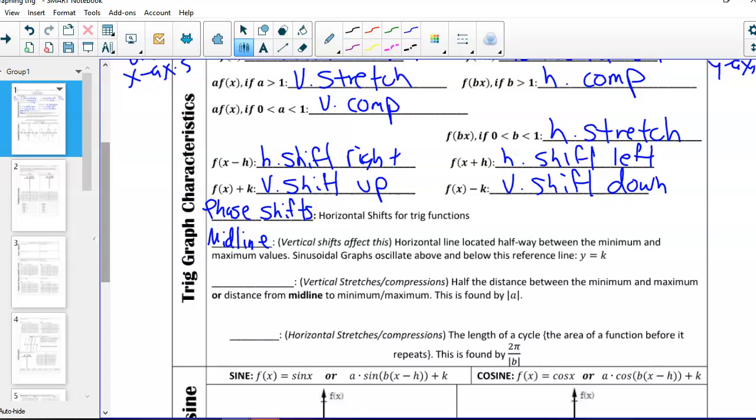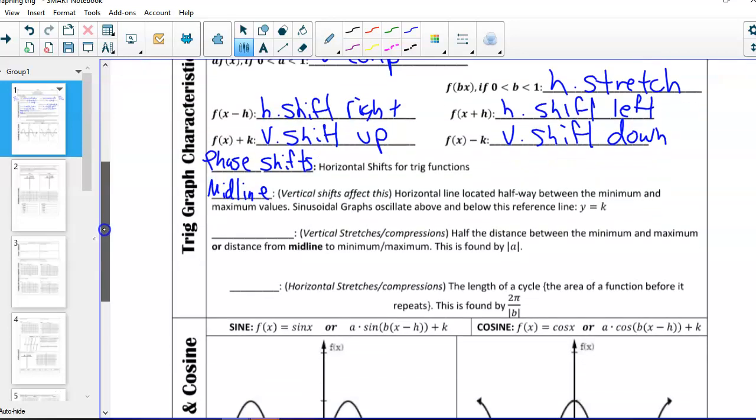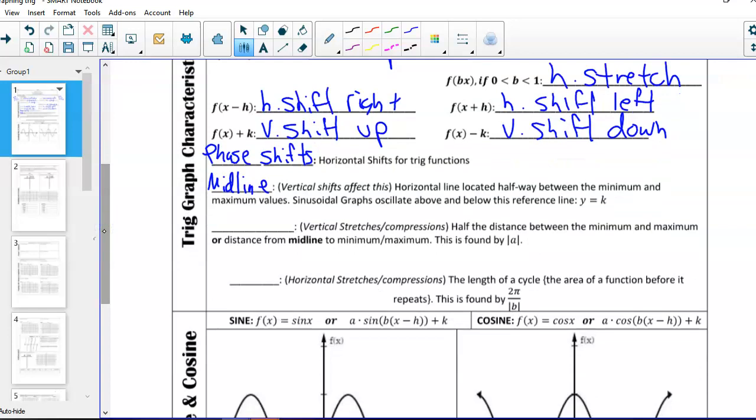So we can find our midline by using y equals k, so whatever our k value is, if it hasn't been shifted at all, is 0. And then if it has been shifted up or down, it will change what that midline is. So when we're graphing, or when we get to graphing, when we draw our midline, it's going to be the middle of really just a couple of our functions.